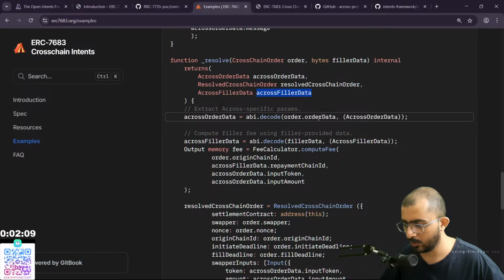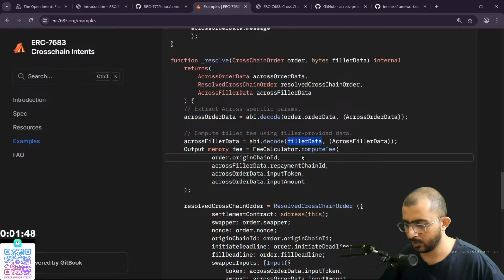We are decoding order data. It's arbitrary data, right? So we have to decode it. We know the structure. We get order data. Okay, filler data.